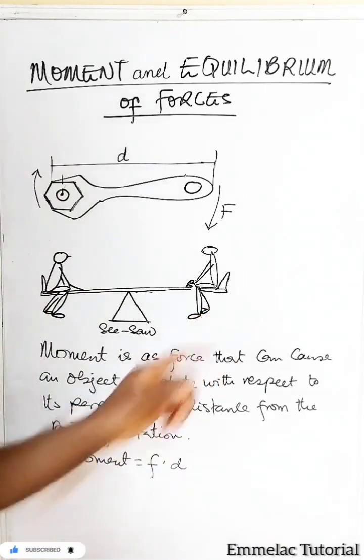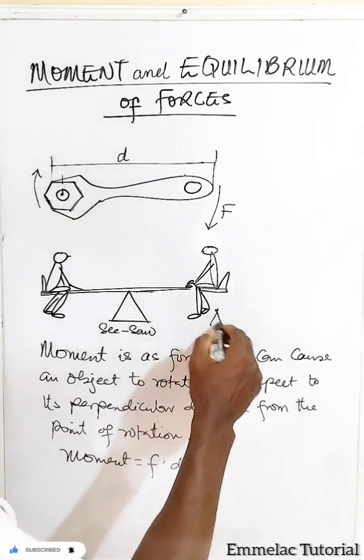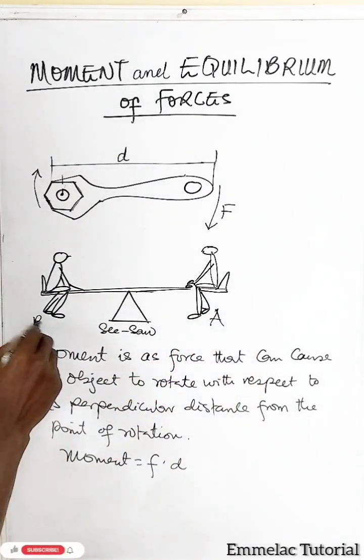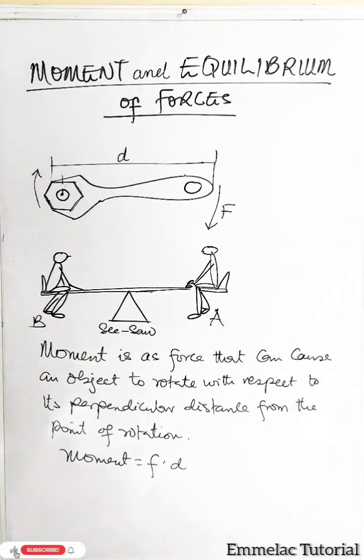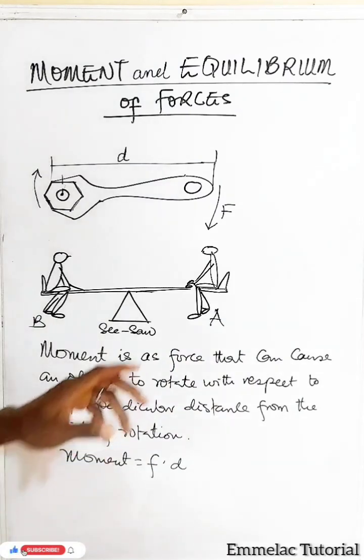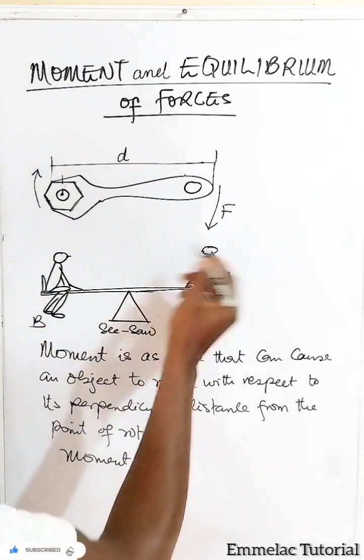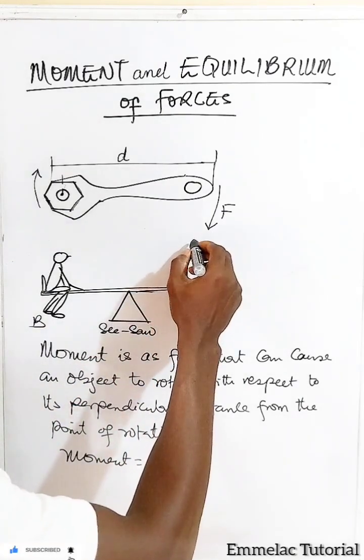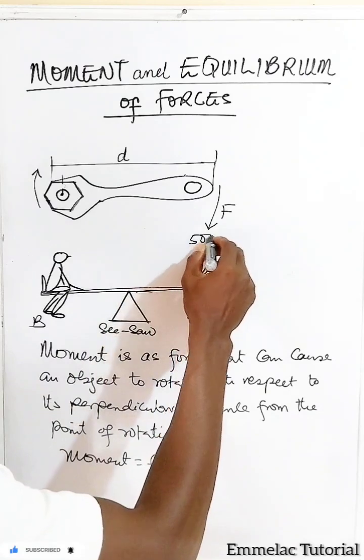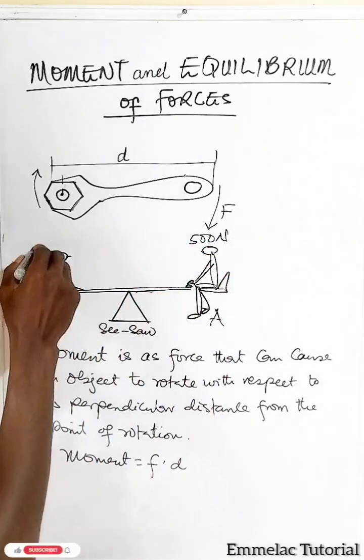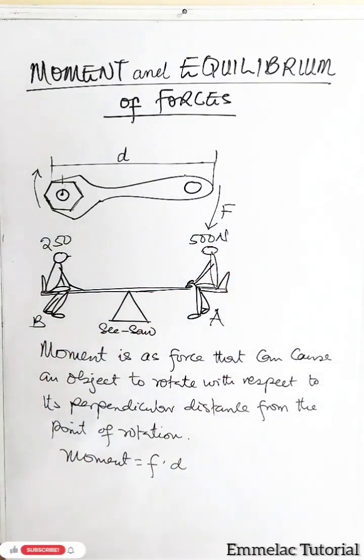Let us mark this guy A and this guy B. Let us assume this guy has a weight of, let's say, 500, and this one 250.